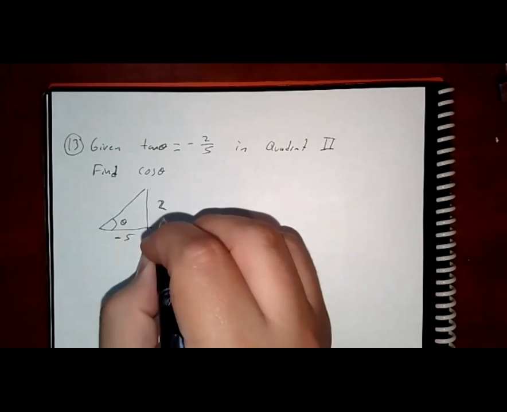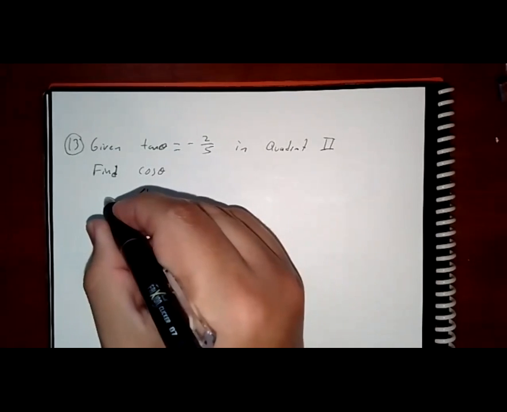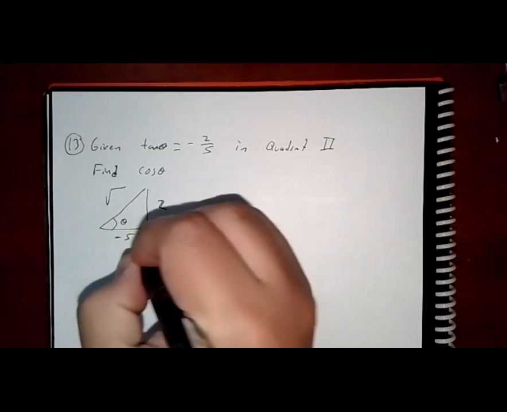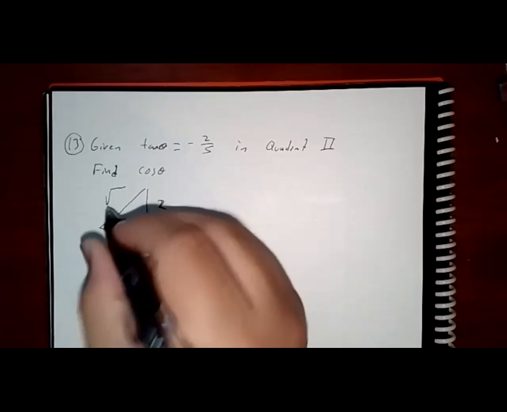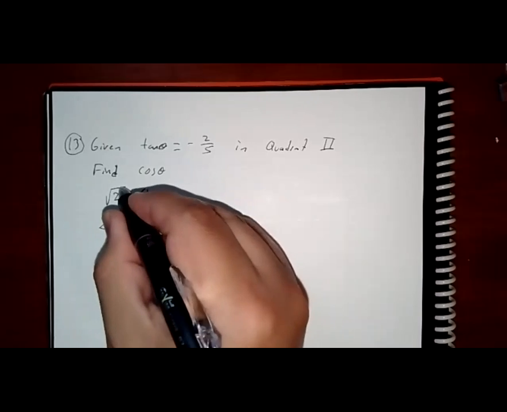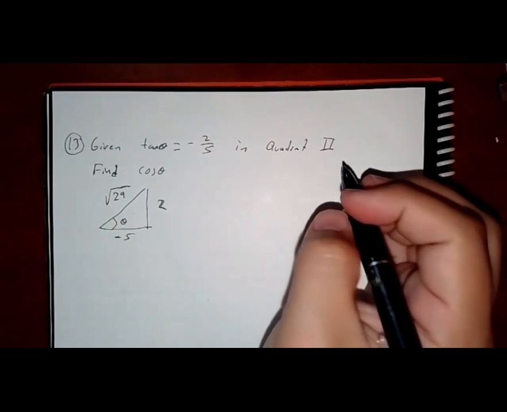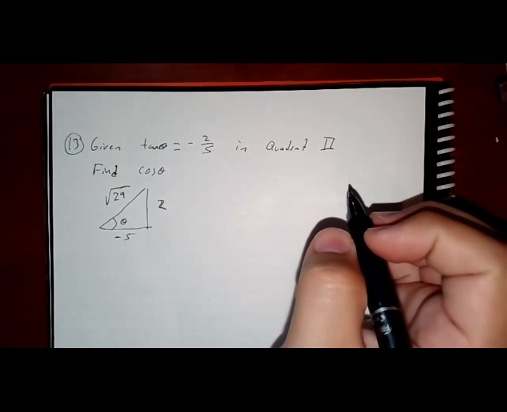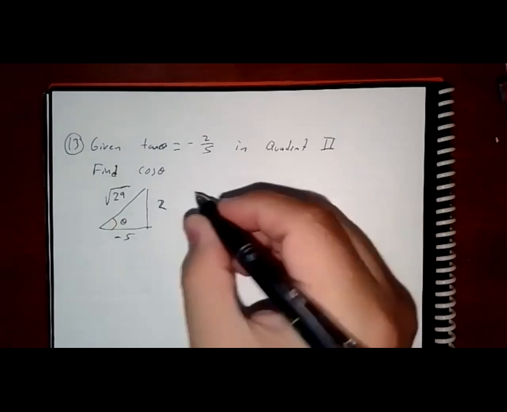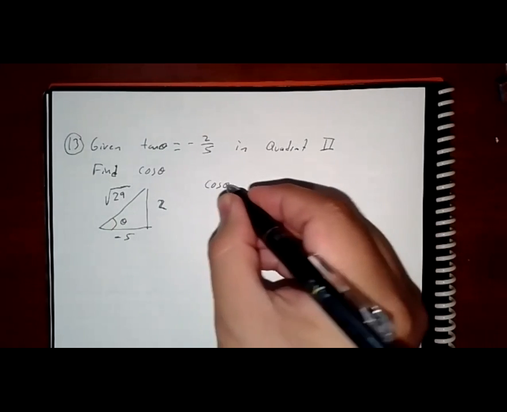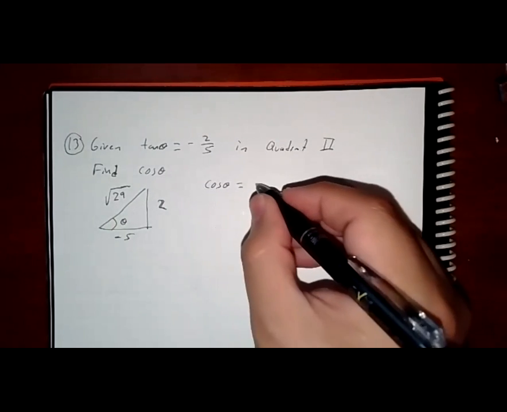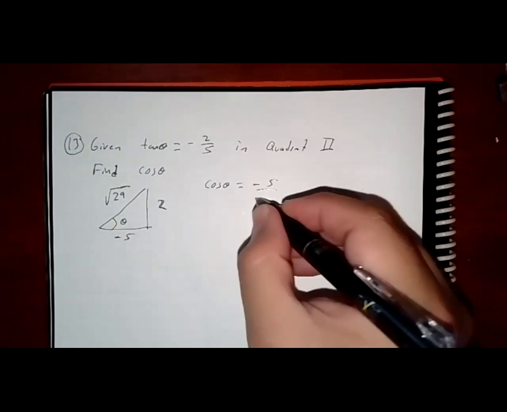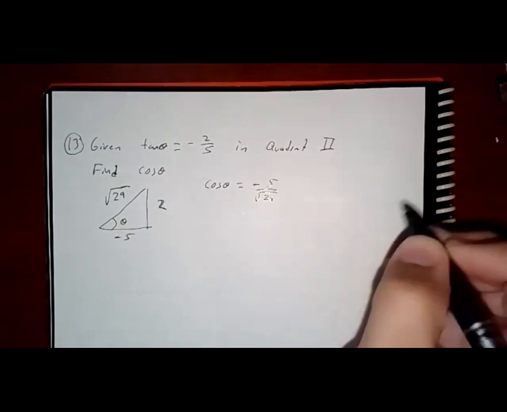So the hypotenuse, when you solve for it, 5 squared plus 2 squared, that is 29. That's going to be the hypotenuse. So cosine theta is equal to -5 over square root of 29.